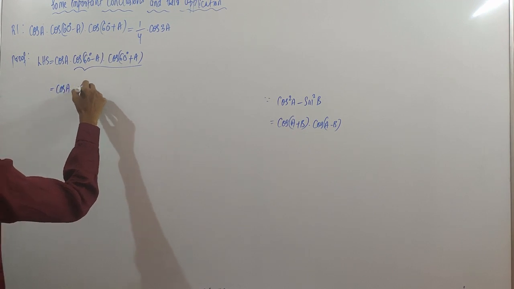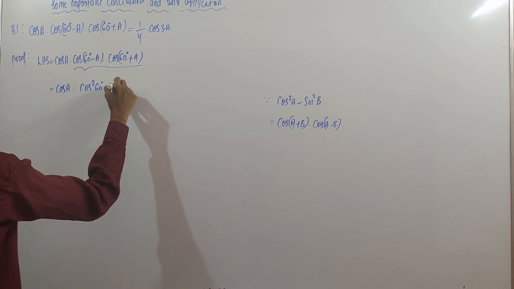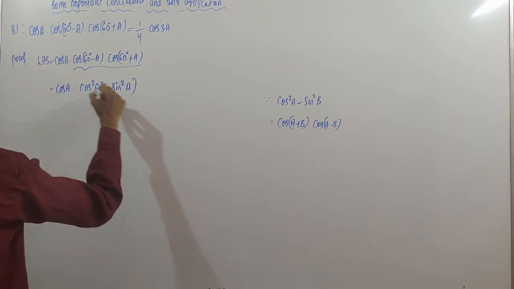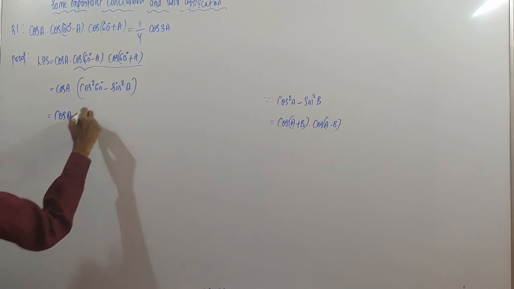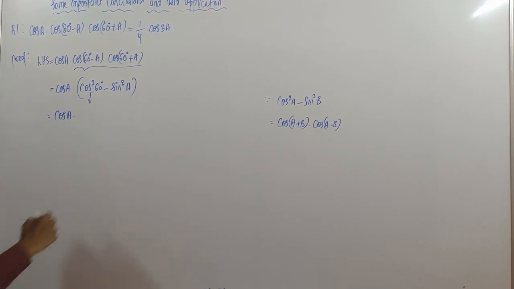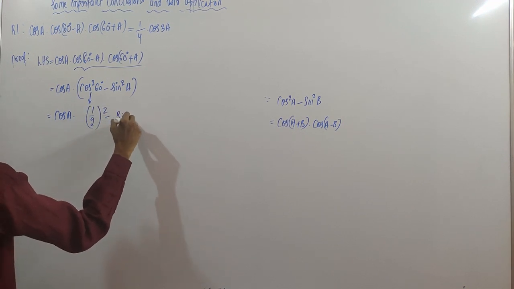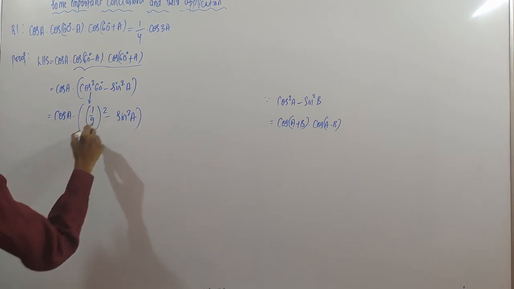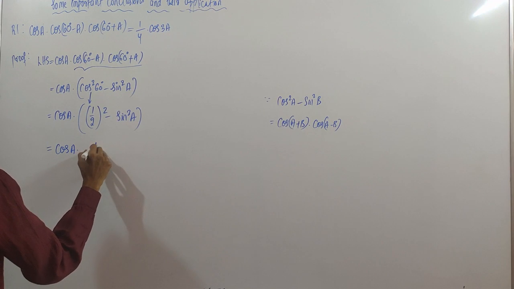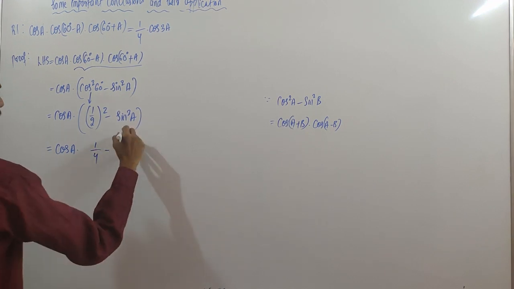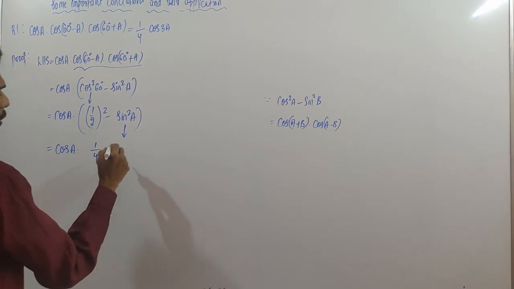cos A into cos square 60 degree minus sin square A. The value of cos 60 is 1 by 2. So it will become 1 by 2 square minus sin square A. That is equal to cos A into 1 by 4 minus, here we have sin square A. Convert this sin into cos by using identity.